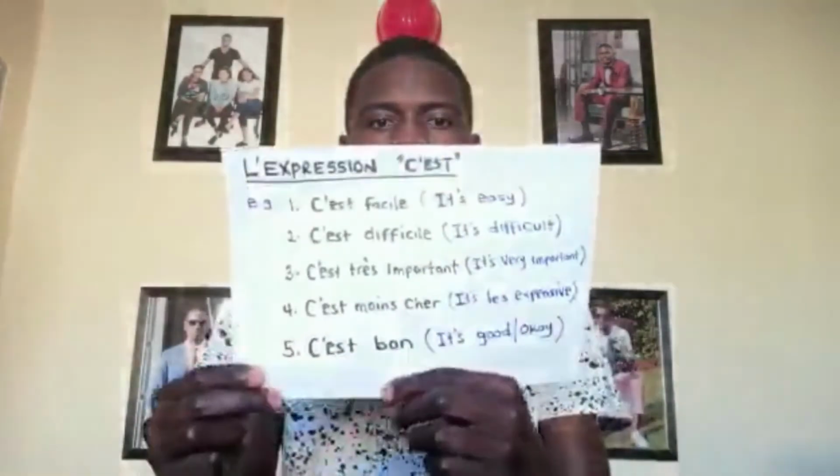Okay. And then finally now we're going to look at the expression to be, which is translated as c'est in the French language. Et maintenant on va voir l'expression c'est, qui se traduit comme it is dans la langue anglaise. Voilà.